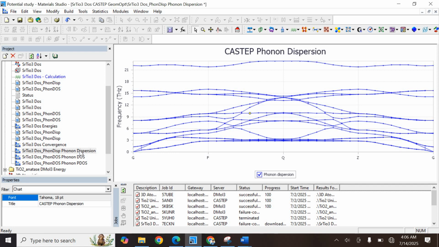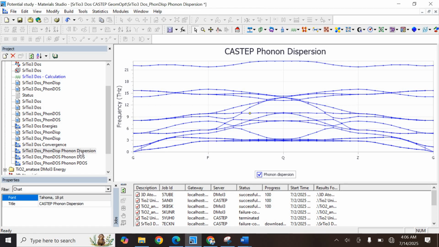Let's take a look at the results I obtained for SrTiO3. First, let's understand the phonon dispersion curve. On the x-axis, you will see several high symmetry points in the Brillouin zone, like gamma, F, Q, Z, and back to gamma. So these represent different directions in reciprocal space.